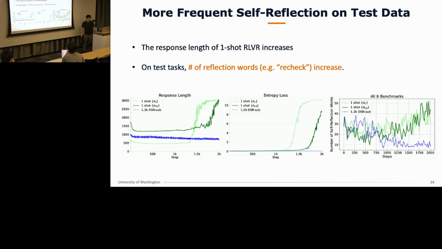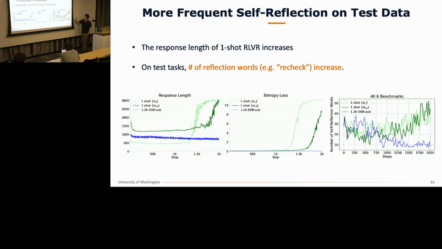Also, we look at what are called reflection words, like recheck, resync, those kinds of words. One observation is that these words appear more frequently with the one-shot learning. The total absolute number of these words becomes larger and larger, whereas if you use the entire data set, it's not necessary to have these words.